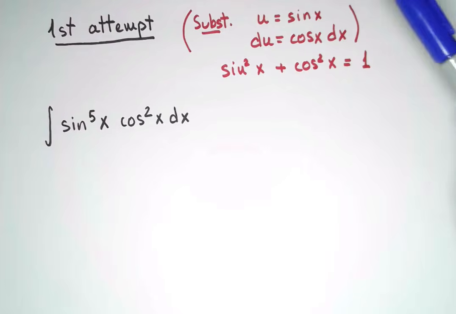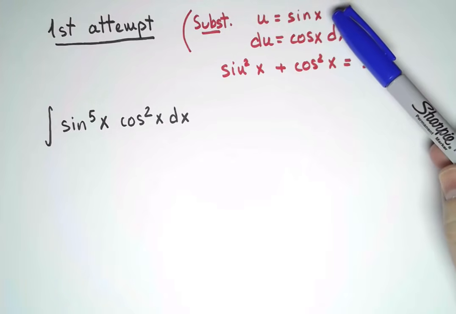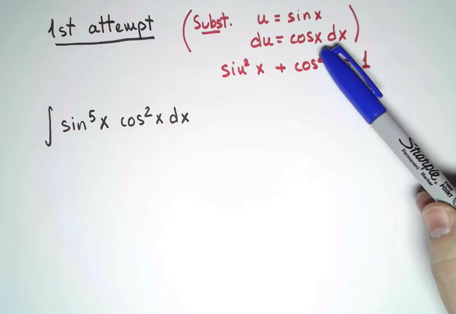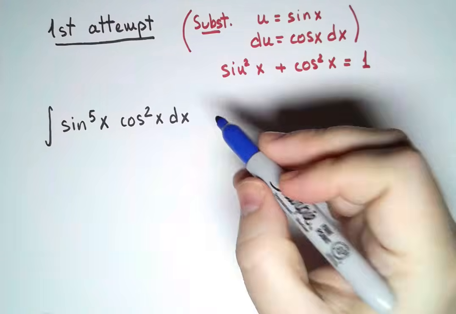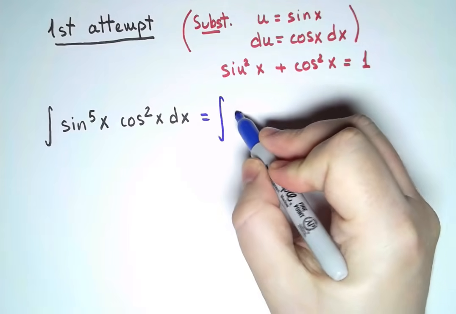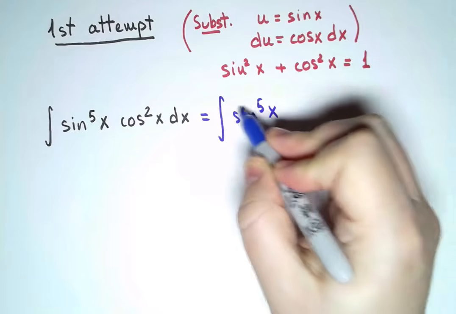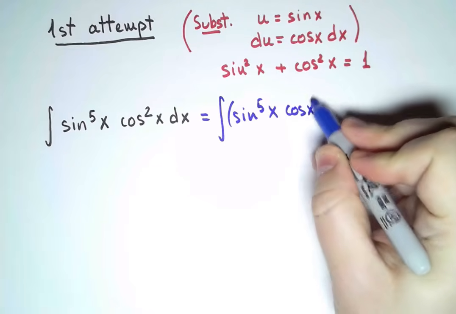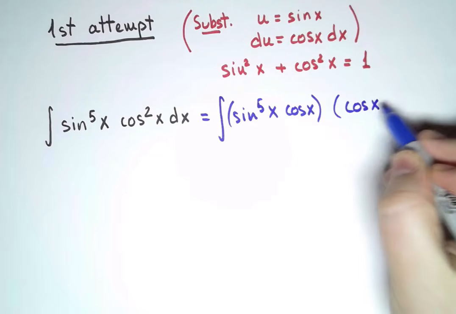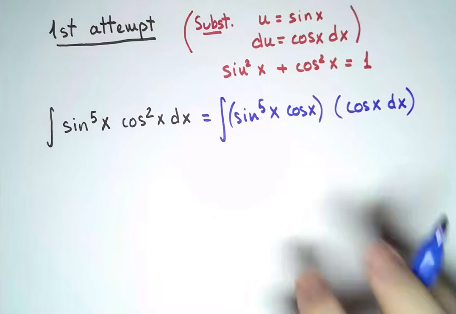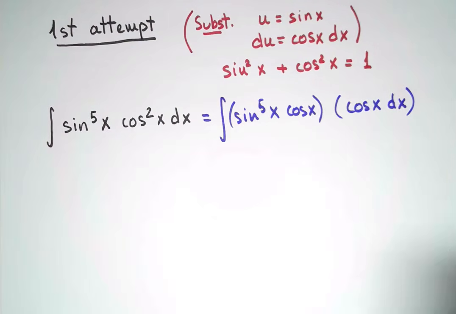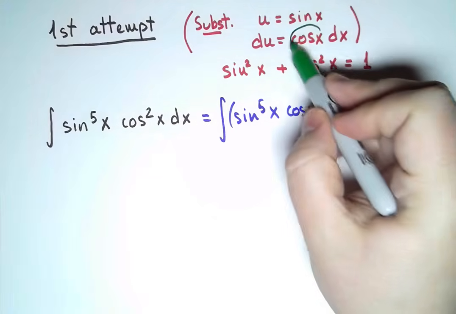First, I will attempt the substitution u equals sine x. I'm going to need a cosine for the differential, and I have 2. So I'm going to separate the 1 for the differential and leave the rest in the integrand. This is the cosine I need for the differential.